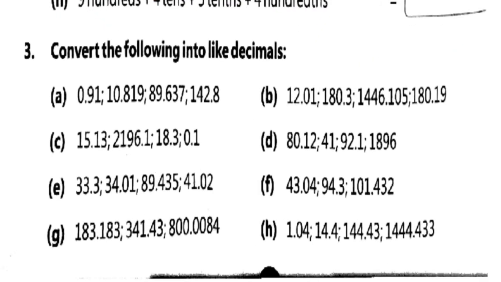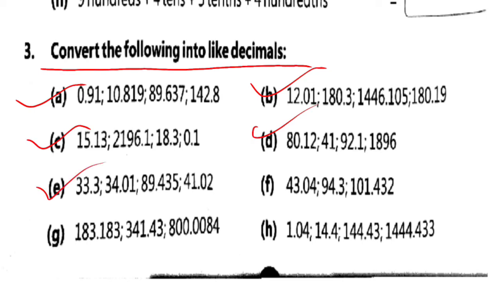In the next question we have to convert into like decimals. All are given in unlike decimals and we have to convert them into like decimals. I am taking one example for you all. First one is 0 decimal 91, 10 decimal 819, 89 decimal 637 and then 142 decimal 8. How can you convert them?